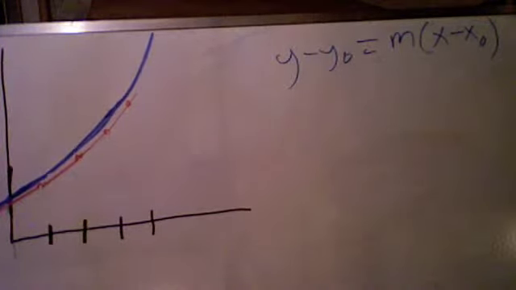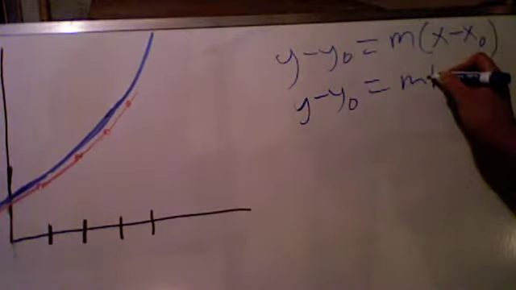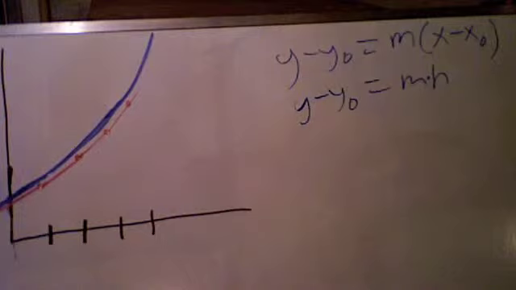We know that h is the step size, so it's also the difference in x between each iteration. So we can replace this x minus x sub 0 with h. Each iteration will be looking for the next new y value, and so we should try to isolate that.